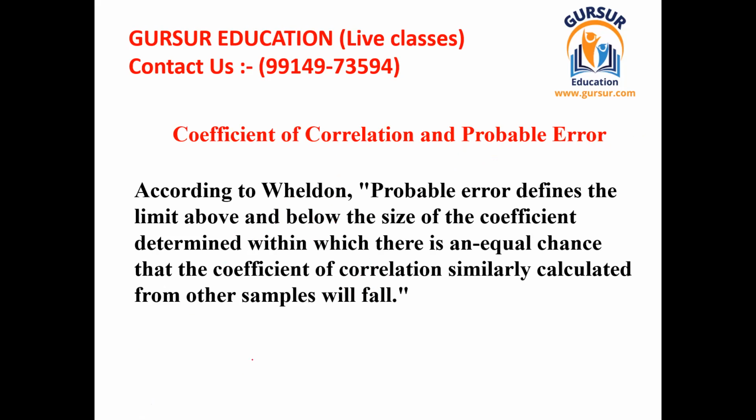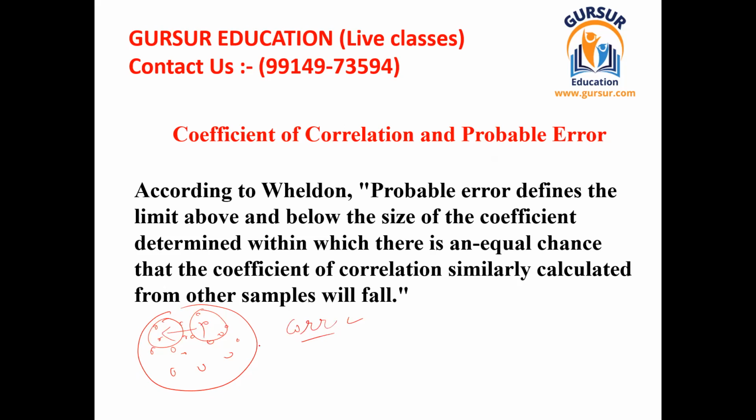This is a complete sample. We have taken a complete sample of two variables, but we have taken only this and this part for finding correlation, and we have already found the correlation between these two. Understand?